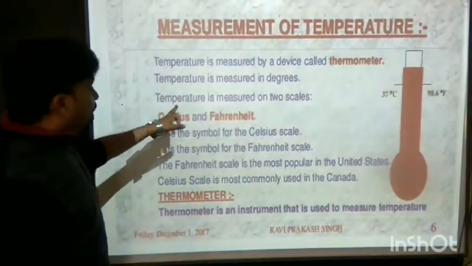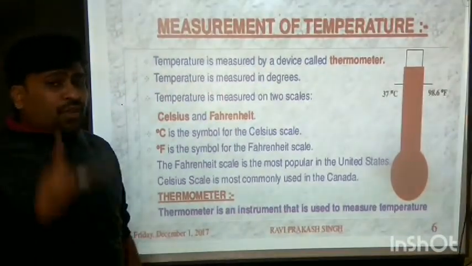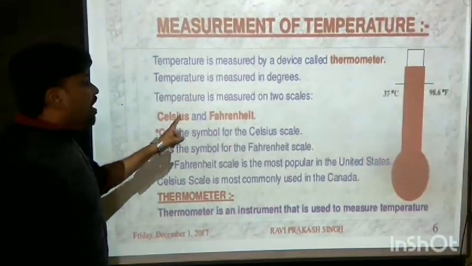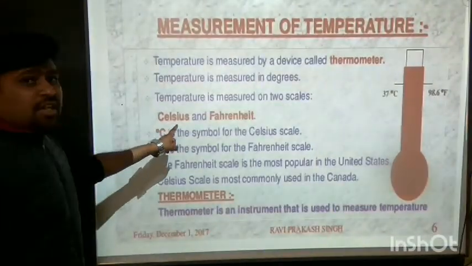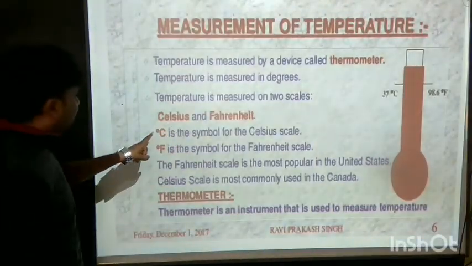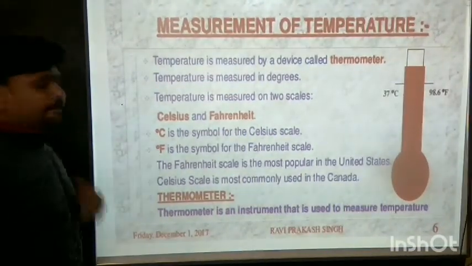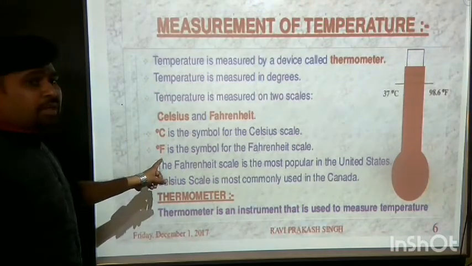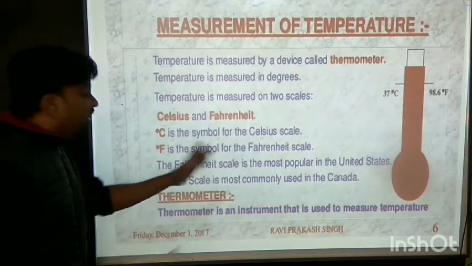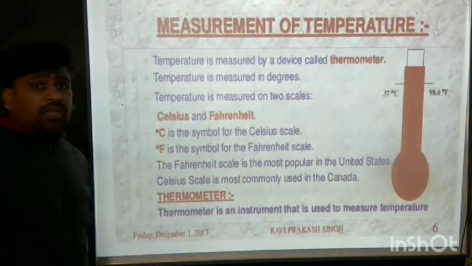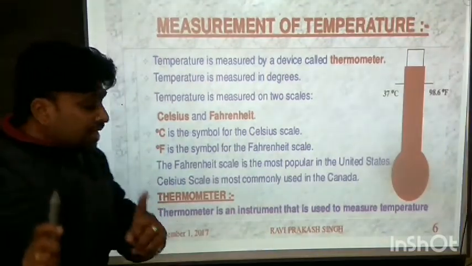Next, third one, temperature is measured by using two scales. The first one is the Celsius scale and the second one is the Fahrenheit scale. Clear? They are symbolically represented by degree Celsius and degree Fahrenheit. F means the temperature is measured in the Fahrenheit scale and C means it is measured in the Celsius scale.